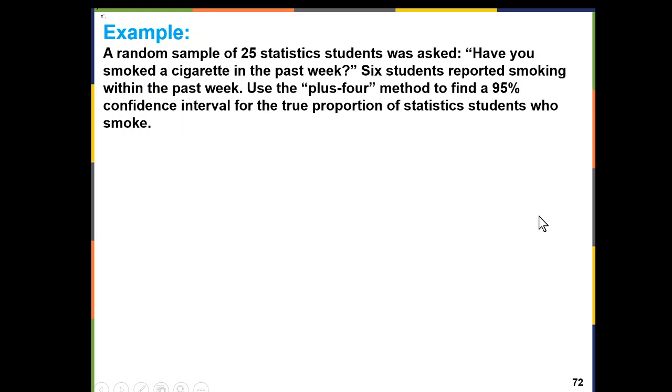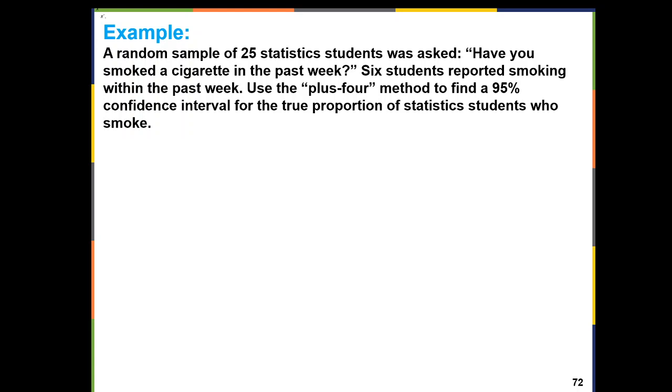Okay, so here you go. A random sample of 25 students was asked, have you smoked a cigarette in the past week? Six students reported smoking within the past week. Wow, can't believe that. Use the +4 method to find a 95% confidence interval.